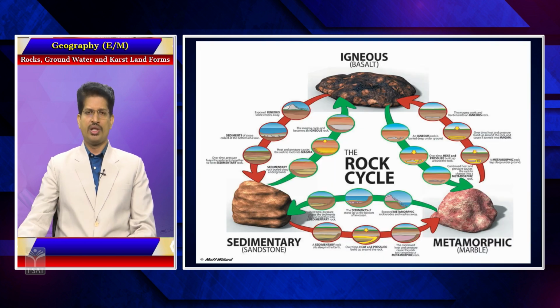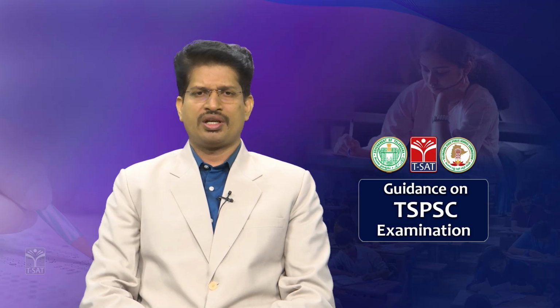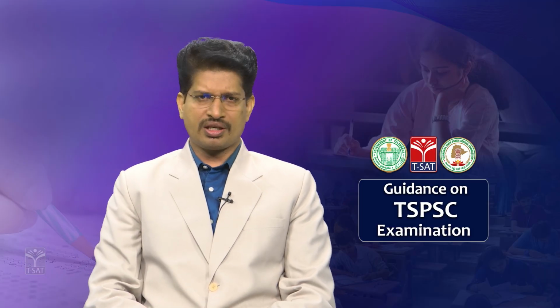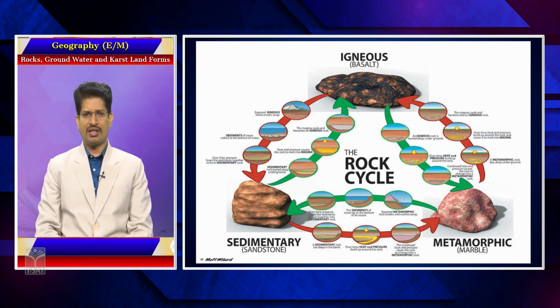Rock cycle. Here in the case of the rock cycle, what we need to understand is that one form of rock is converted into another form of rock through the processes which I have explained to you.